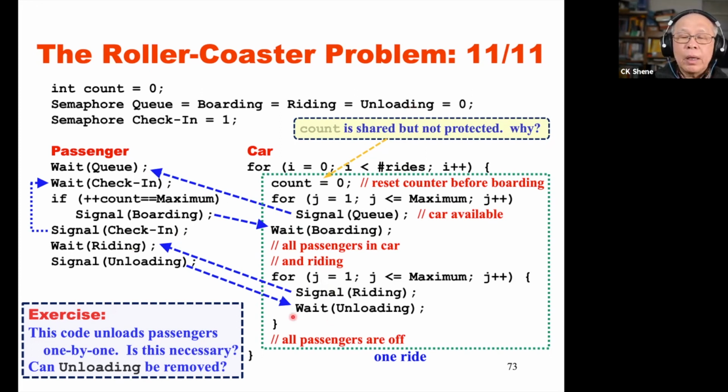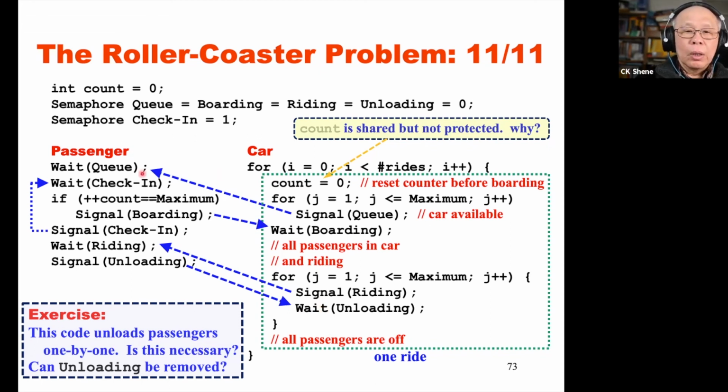When the car tells a passenger, please get off the car, this is done in a one-to-one manner. So after telling a passenger to get off the car, the car must wait for that passenger's response indicating I am off. You may get to the next one.